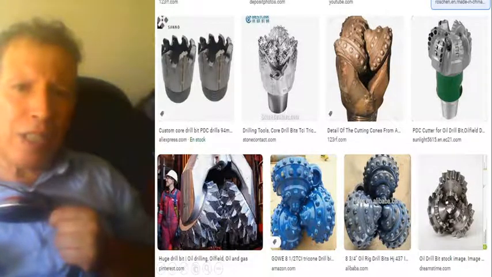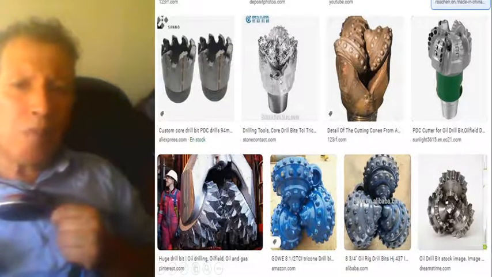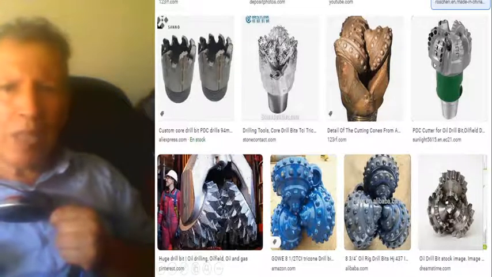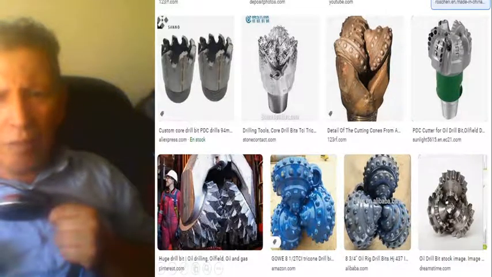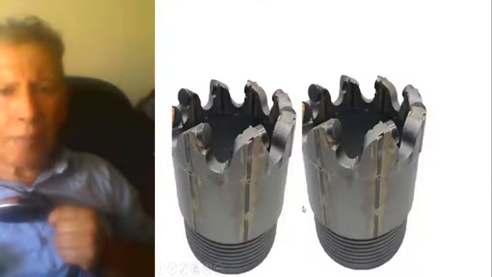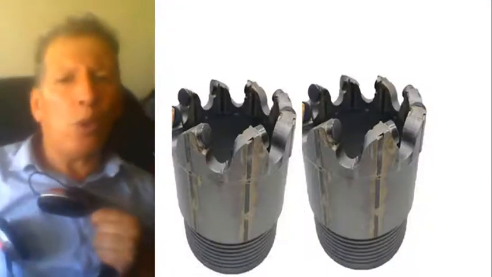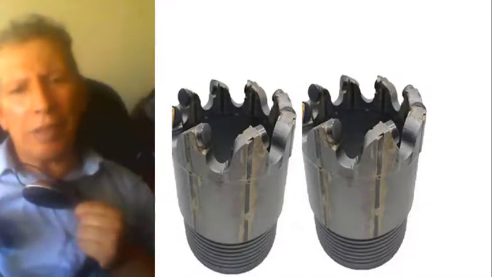This is with three heads, as you can see, three turning heads used in petroleum as well. So these are, as you can see, drilling bits. This is a picture of the core drill bit.